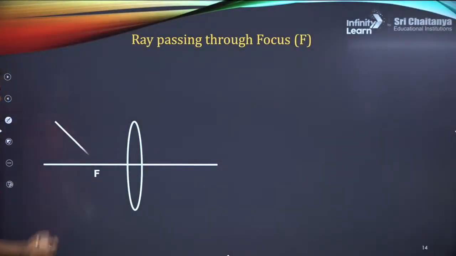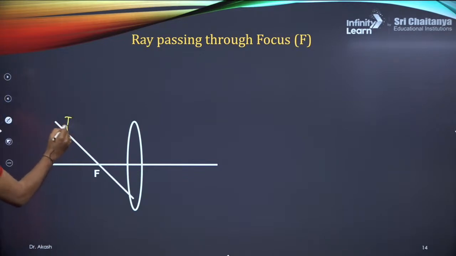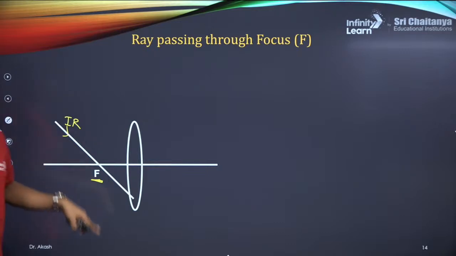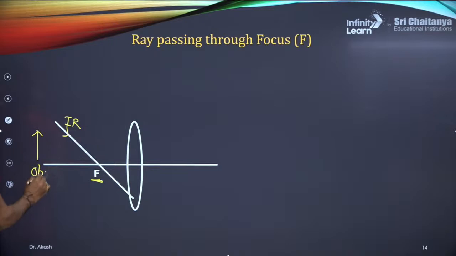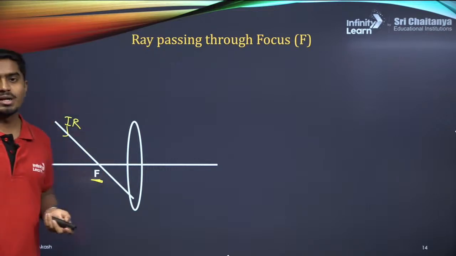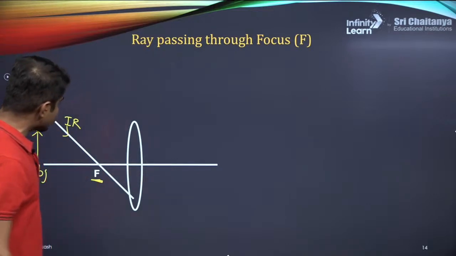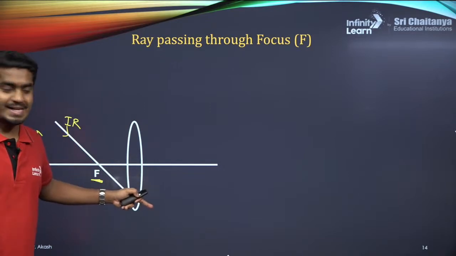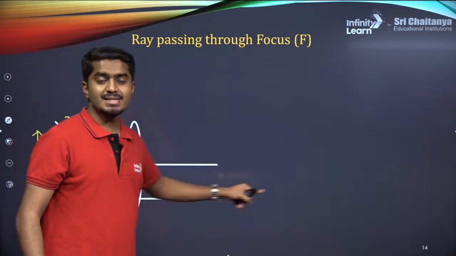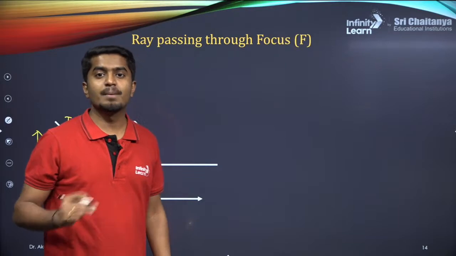When there is an incident ray passing through the focus, this focus is on the same side. Let's suppose we have an object here, so the focus is on the same side as the object. So what happens to this ray? When this ray falls onto the convex lens, it passes parallel to the principal axis.